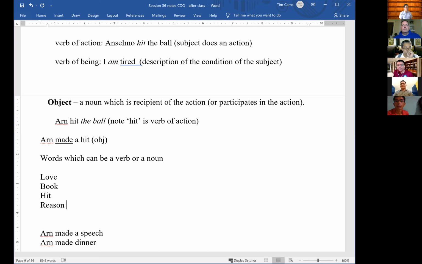Yeah, and in English you don't have that change in intonation, right? Like I said, you could say I love books, or let's talk about love. There's no change in the way I say the word love. It all depends on the words around it.